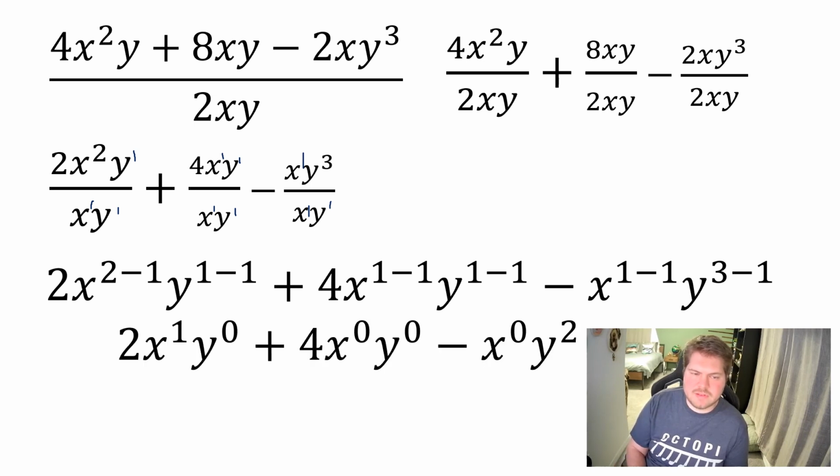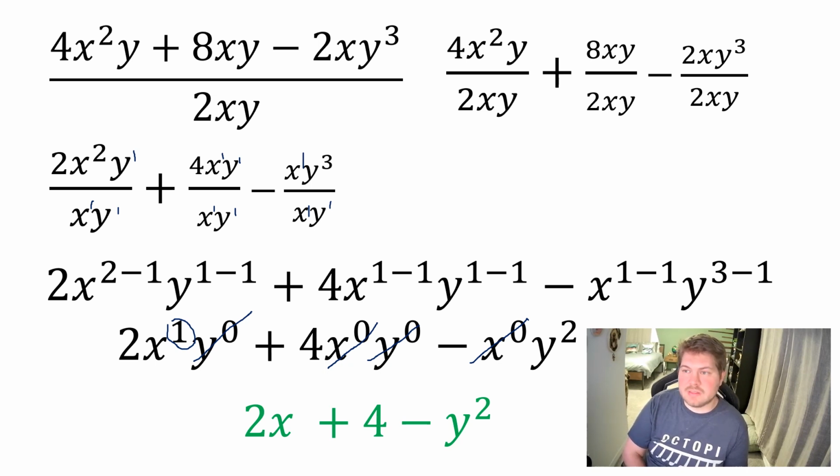And we are left with this. And now your zeros are going to cancel out. And your 1 is just going to go away. And that is your final answer.